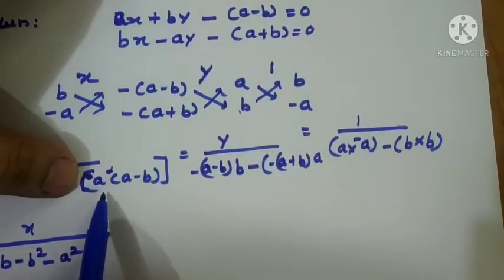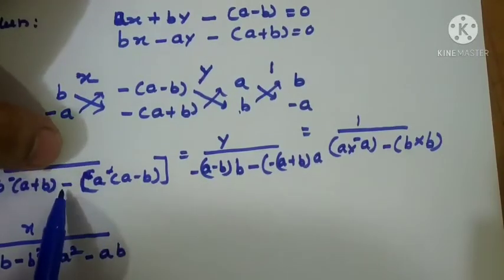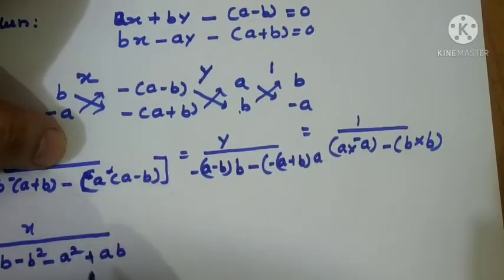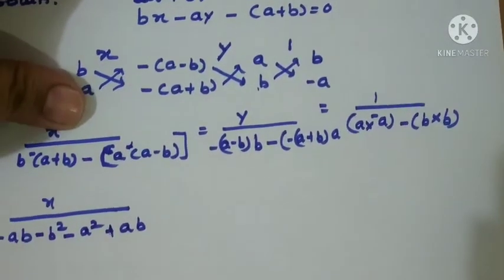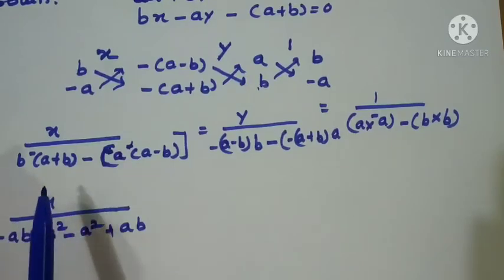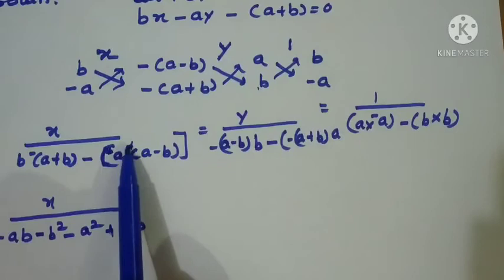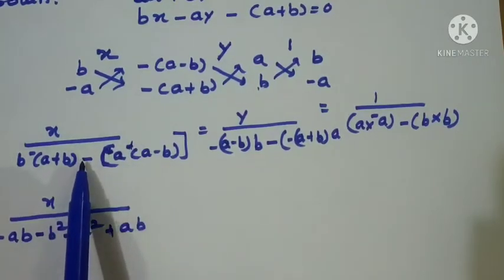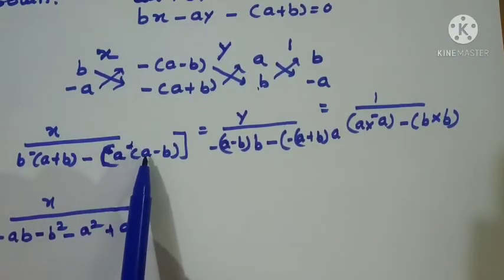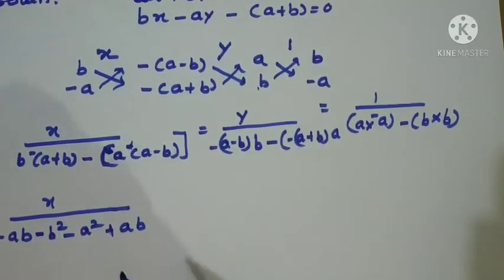Now don't consider this as a into minus b, it is minus ab only, but one more minus sign here, so plus ab. Got it? Once again, b into minus a minus ab, b into minus b square. Here minus into minus is plus, then here minus is there, so minus a into a is minus a square, minus a into minus b, that is plus ab.